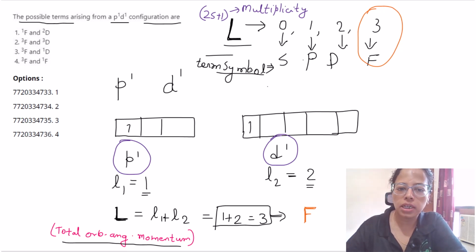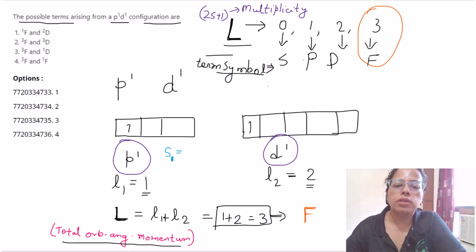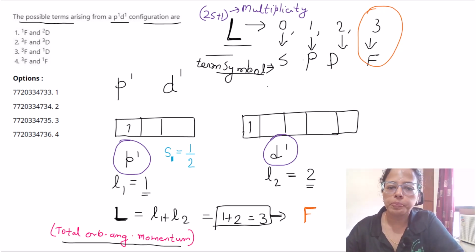P1 and D1 both contain one electron each. Let us say the individual spin corresponding to P1 is designated as S1. For a single electron, the spin value is half; it could be plus half or minus half. So let us suppose we have plus half. Similarly for D1, we have the individual spin S2 as another plus half.